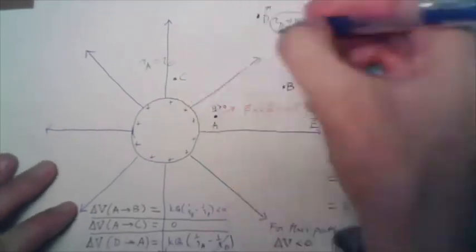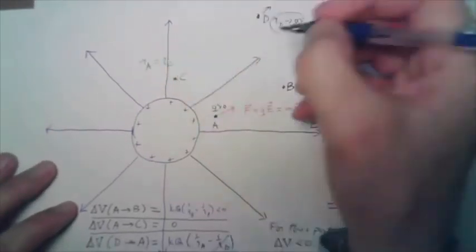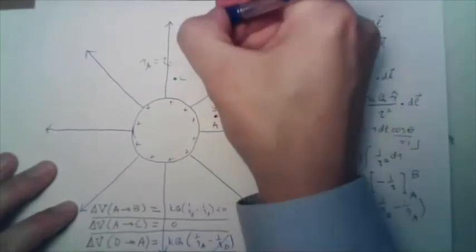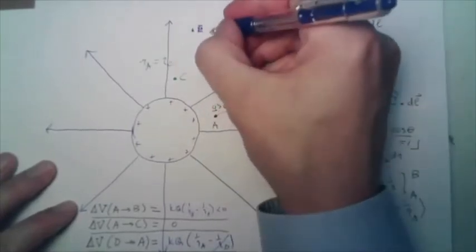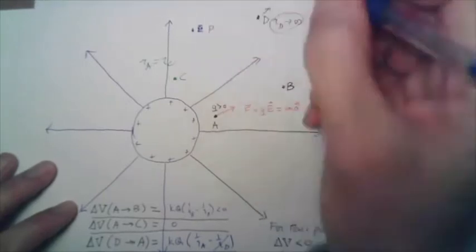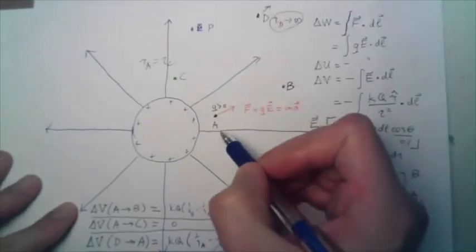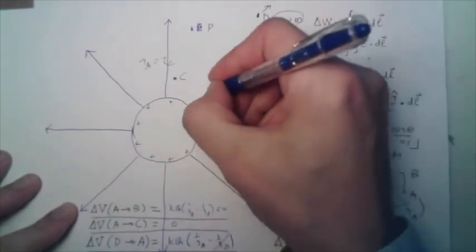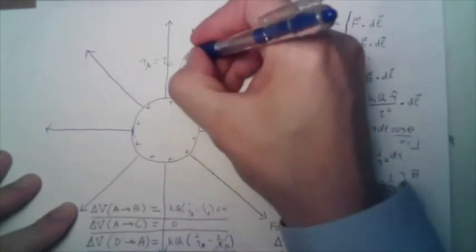So for instance, if I pick another point, let's say here, point P. So let's say we go from point A to point P. We can go first in this direction, and then in this direction.